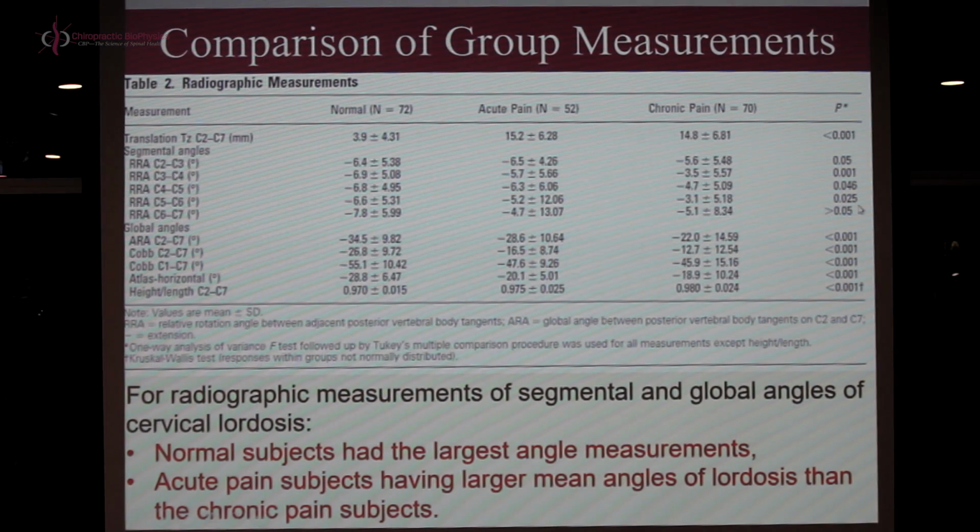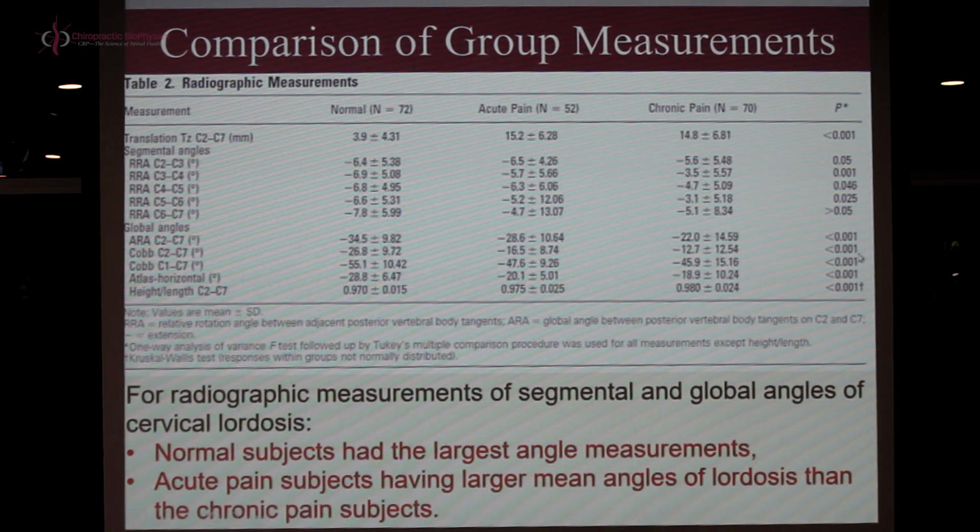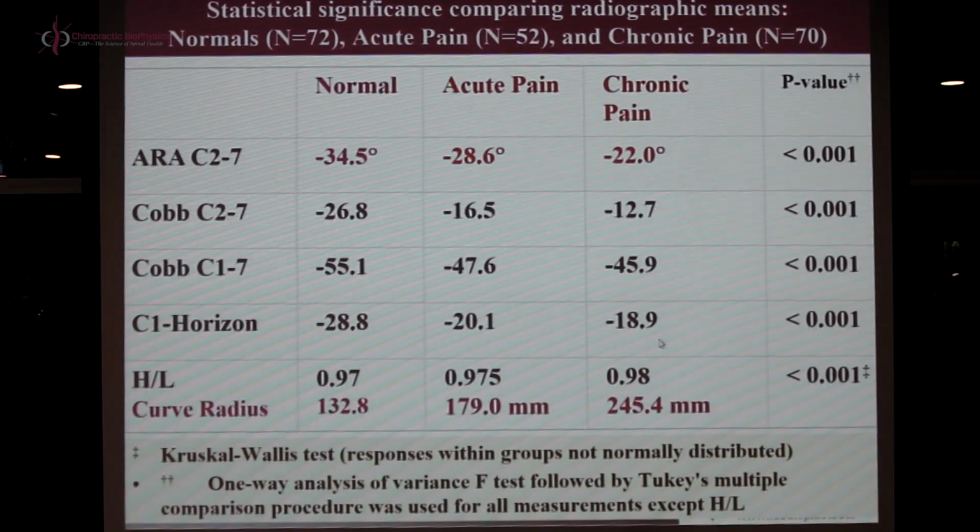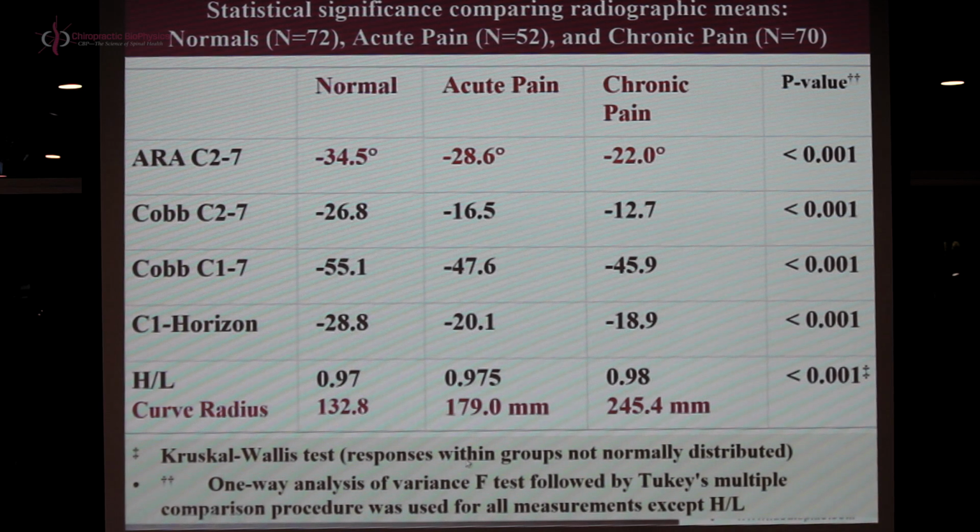But what I want you to note is that the segmental angles that are really off are really in the mid-cervical spine, as well as their total angle of curvature. And then, of course, the height over length ratios are different. In fact, most of the variables are different, except for C6 to C7 and the C2 to C3 angle. All right, this blows up the main findings.